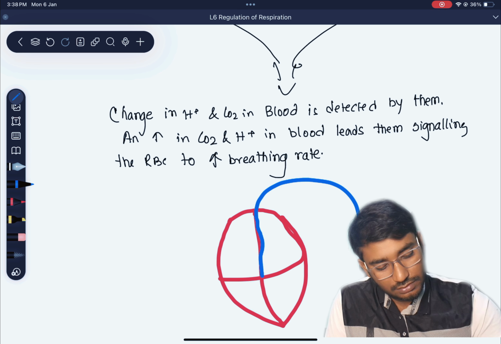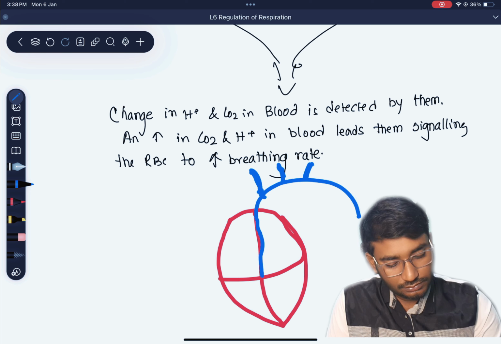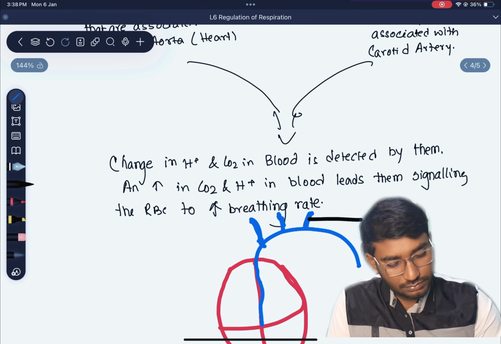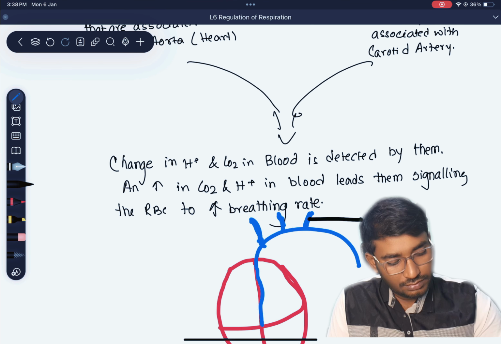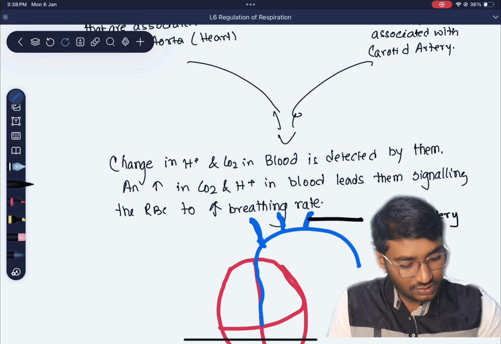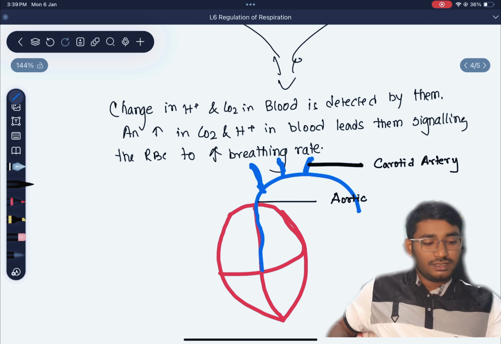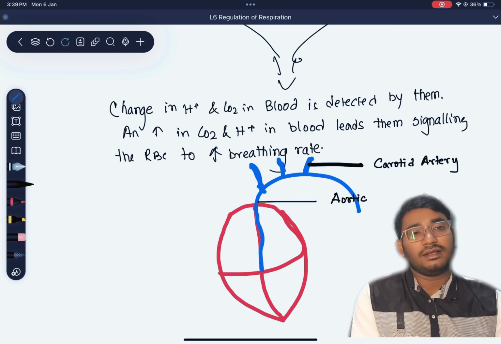These are the carotid arteries. This is the aortic arch. Okay, now take it as a note.